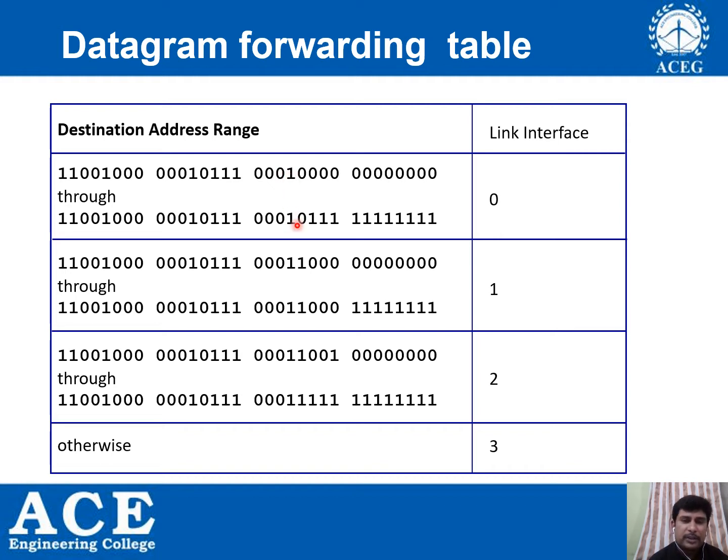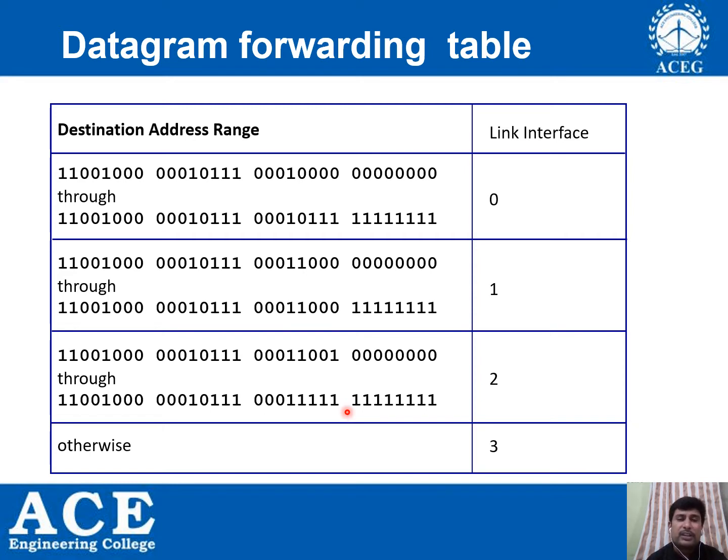So the variable bits are the last 12 bits. So what is the range? It starts with all the last 12 bits being zeros. And what is the maximum value possible with the last 12 bits? The first 20 bits are common and the last 12 bits can be ones. This is the maximum range.